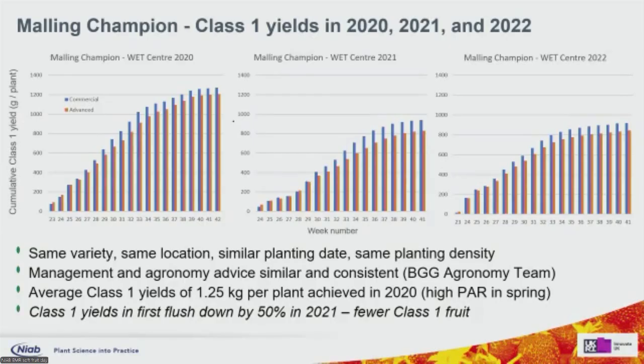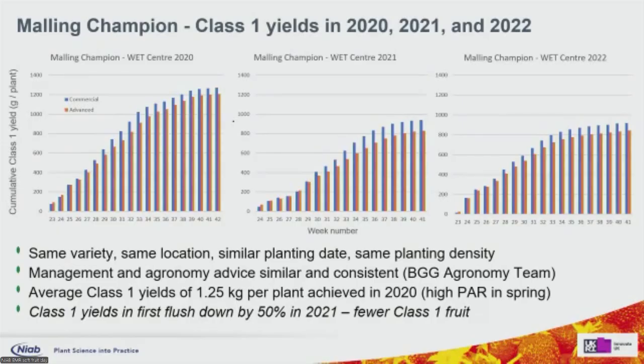And you probably remember that because we had to stay at home, so everyone enjoyed our gardens. But in the following years, 2021 and 2022, we had somewhat reduced light quality generally, so that led to reduced yield. So the same genetics with the same management, but a different environment, led to a different outcome.